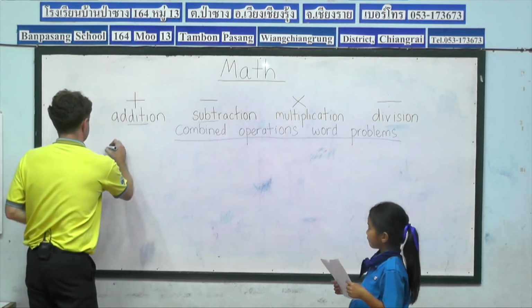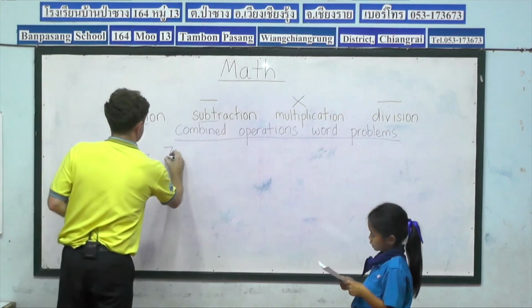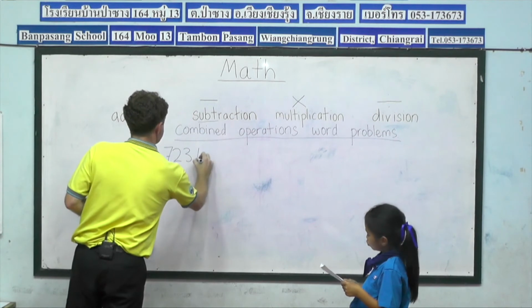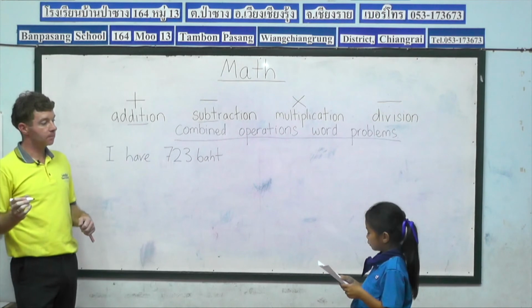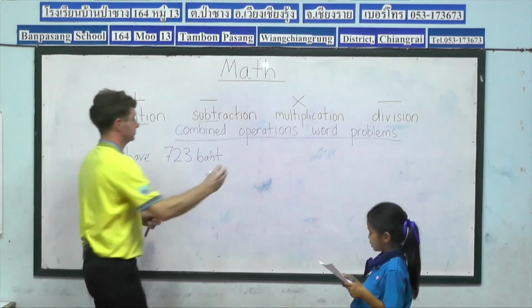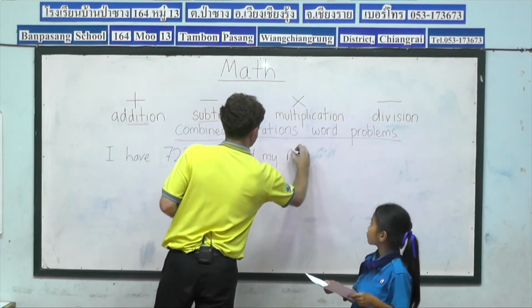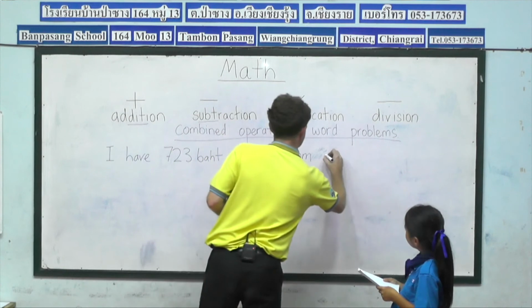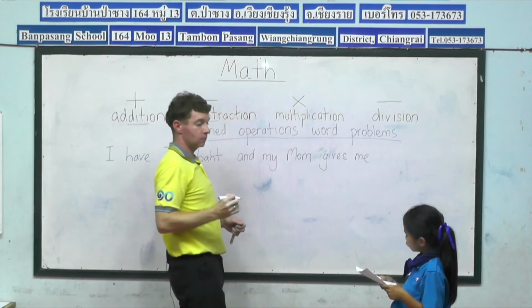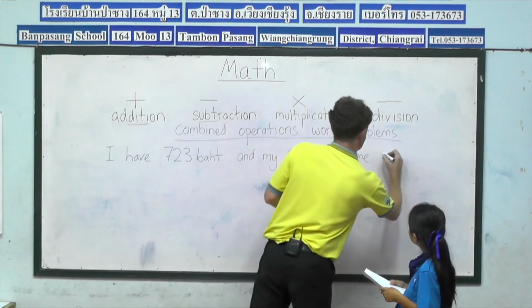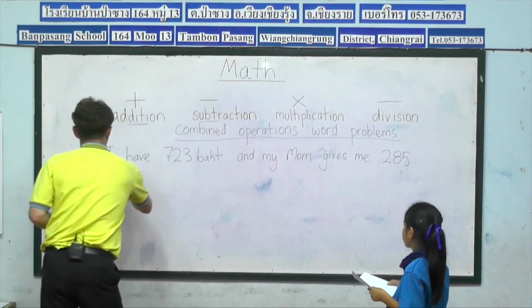Okay, I have how much? 723 baht. And the next part? And my mom gives me how much? 285 baht more.